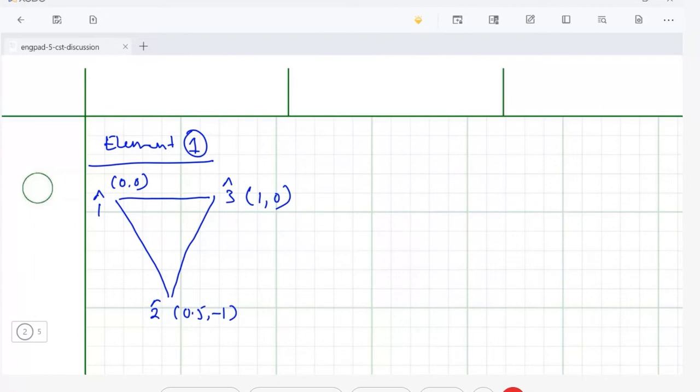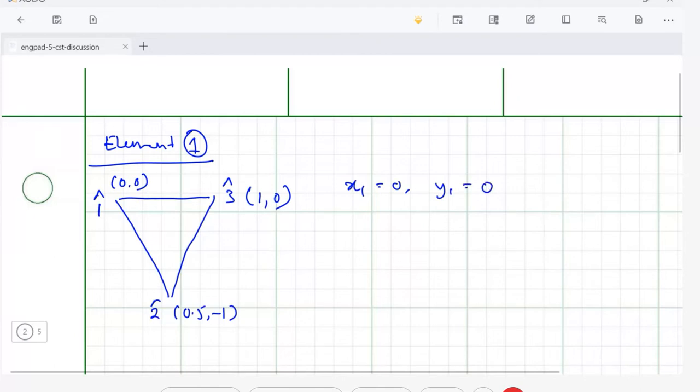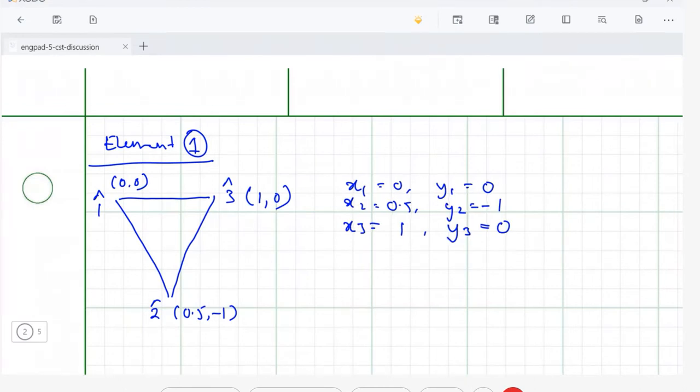So let me rewrite the coordinates here: x1 equal to 0, y1 equal to 0, x2 equal to 0.5, y2 equal to minus 1, x3 equal to 1, and y3 equal to 0. These are the important information.